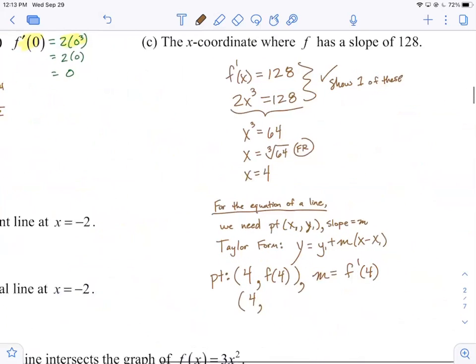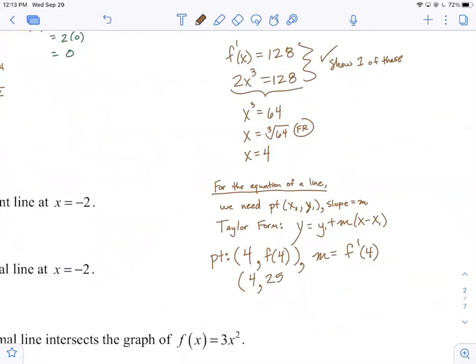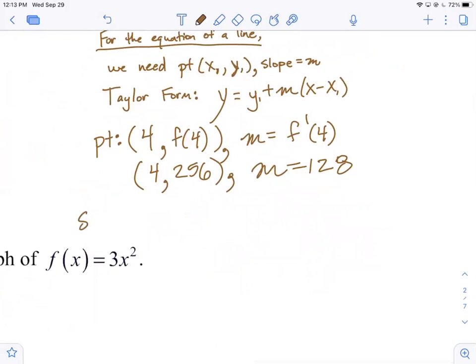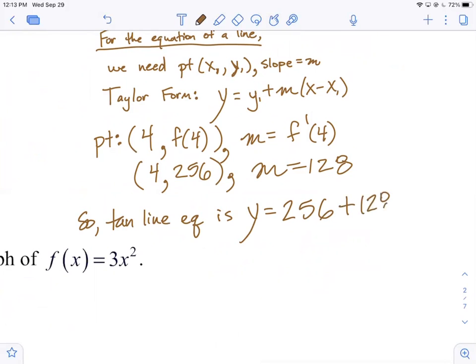So this is 256. And then, of course, we know the slope there is what? 128. That was specified. So here we go. The tangent line equation is y equals the y value of 256 plus the slope of 128.